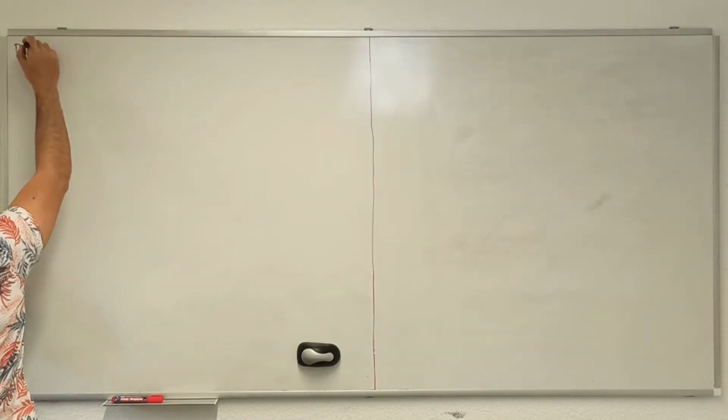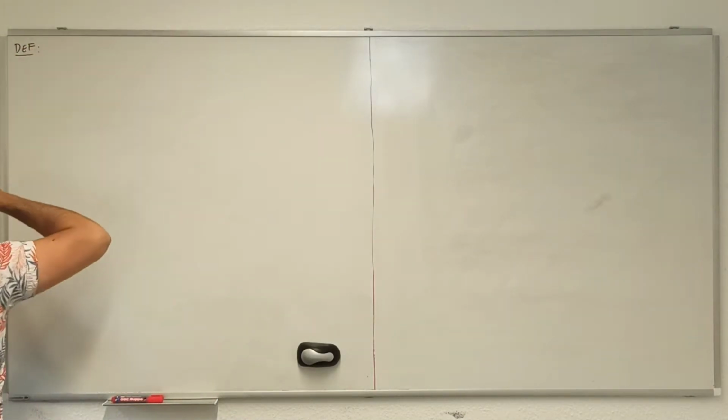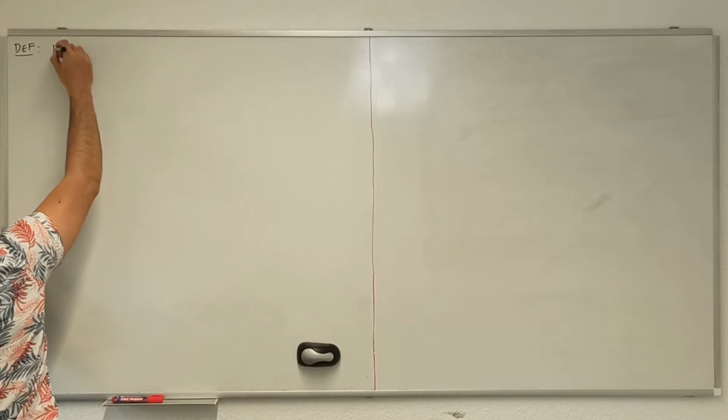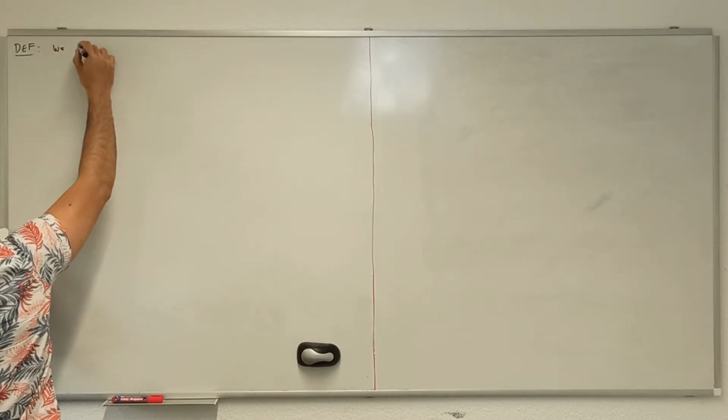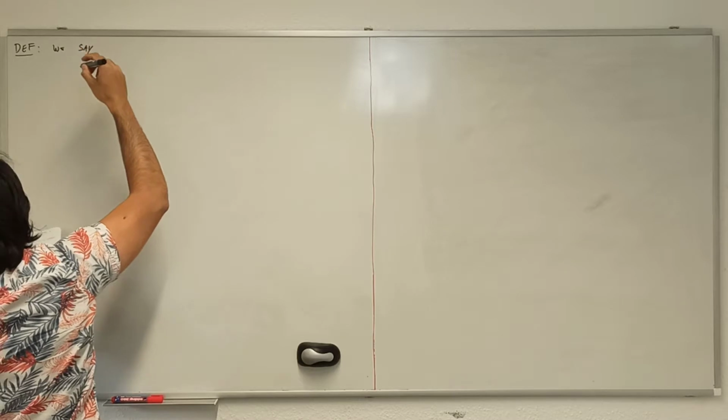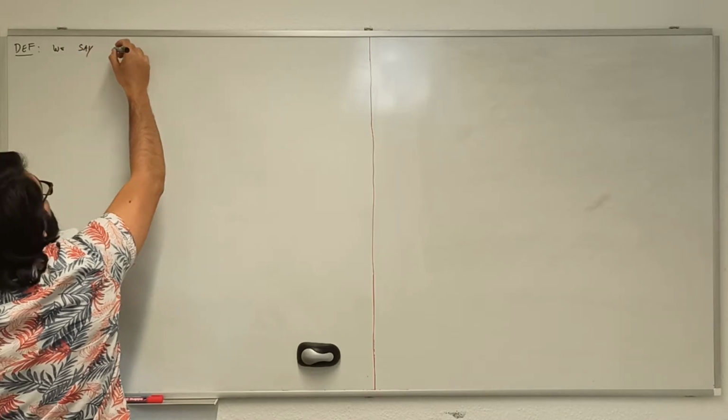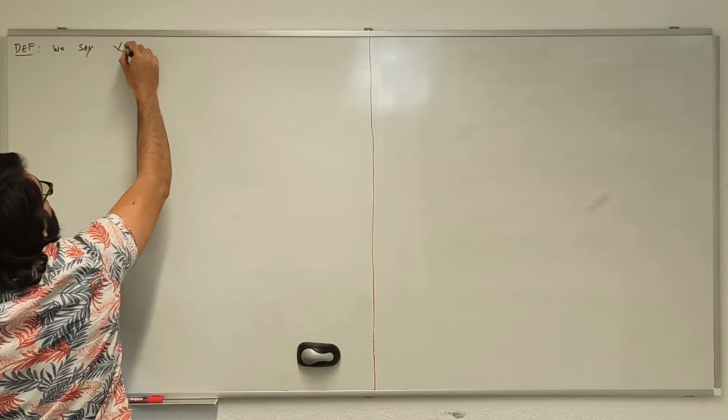Okay. So first, let's start with a definition, which is basically just recalling what independent and identically distributed random variables are.